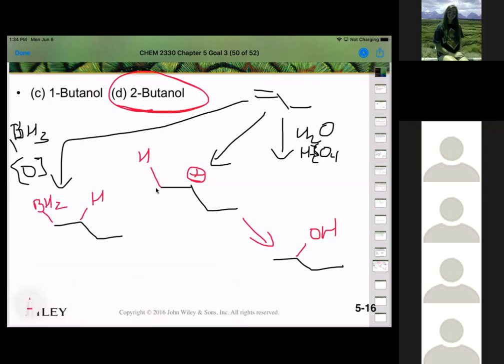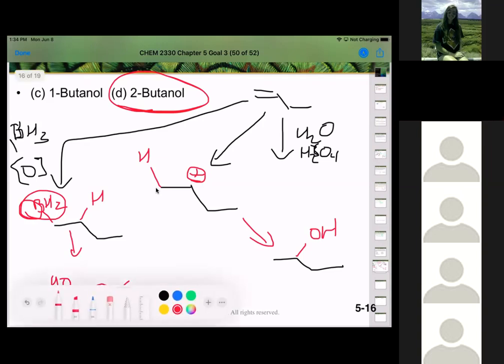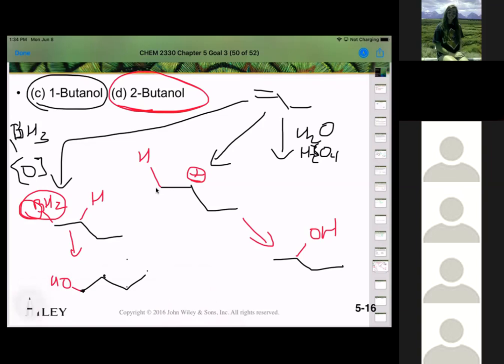That would be the first step in that reaction. Then we'd have to oxidize it, and when it oxidizes, it takes off the boron and gives us our OH on the end where the boron was, with all 4 carbons in the rest of the chain. So if we want to make the 1-butanol, we have to use boron with oxidation.